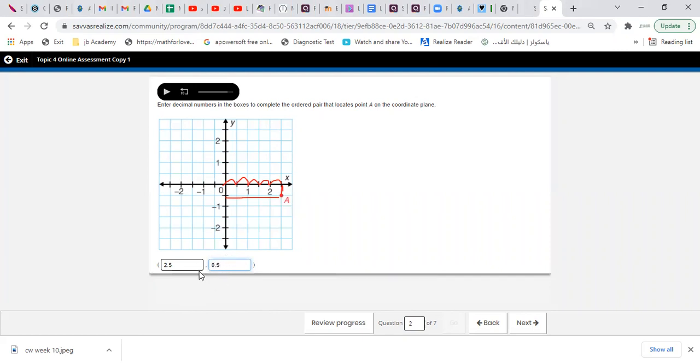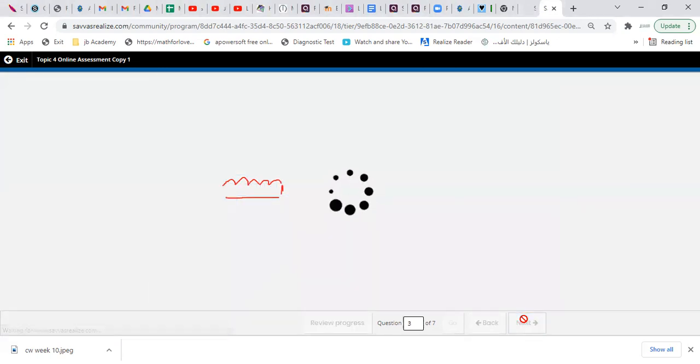Here it is negative, by the way. So the coordinates of A are: the x coordinate is positive 2.5, and the y coordinate is -0.5. Next question.